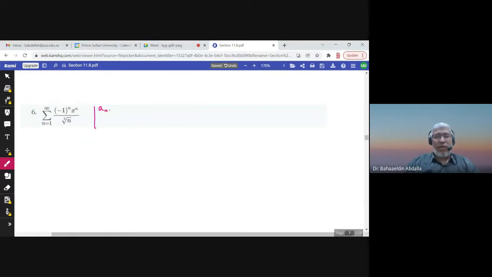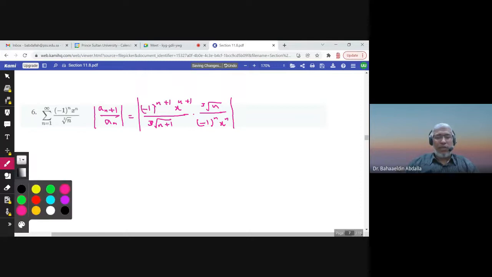Again, I will use the ratio test. Replacing n by n plus 1, multiplied by the reciprocal of a n. Cancellation.